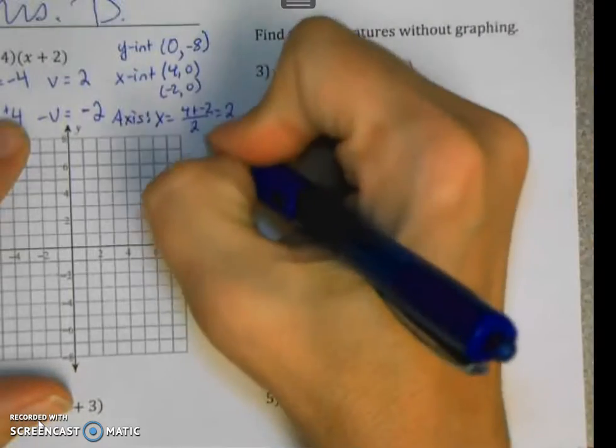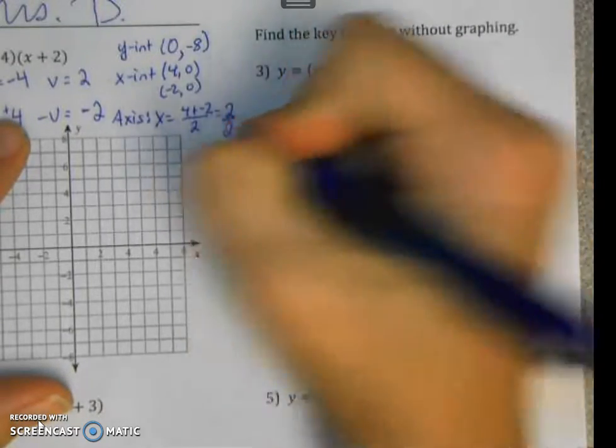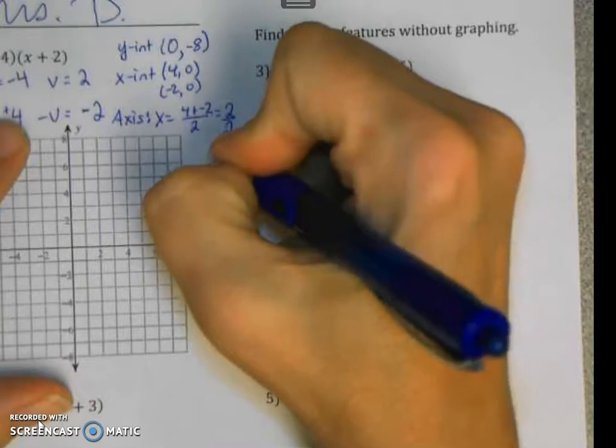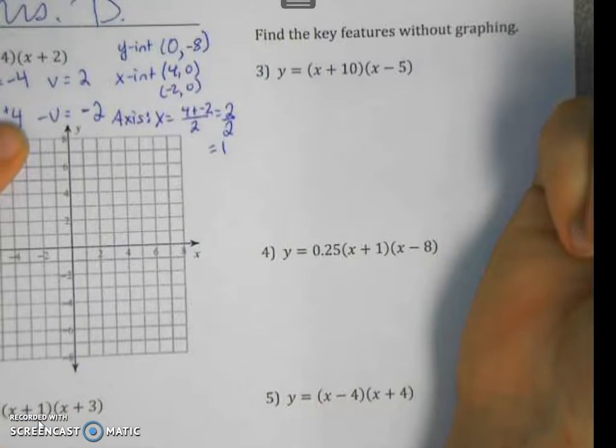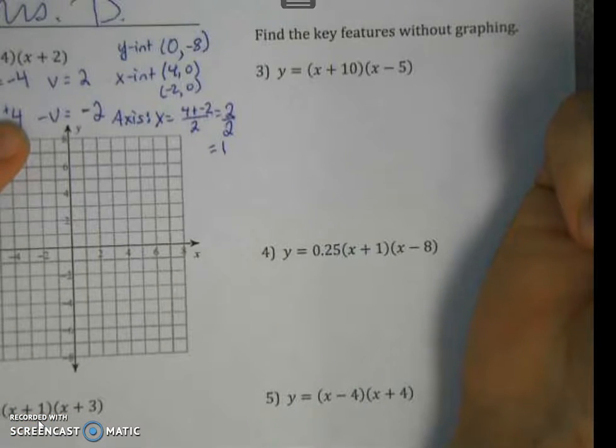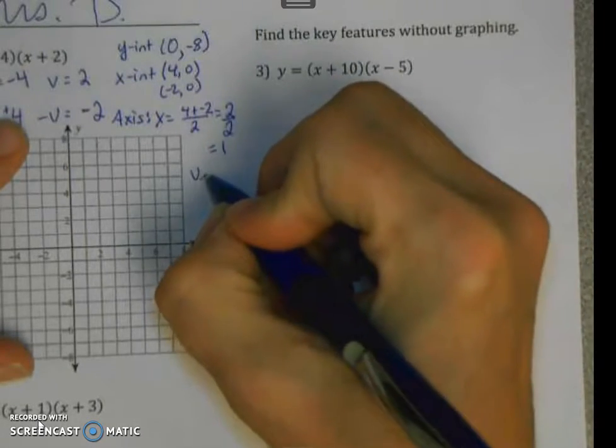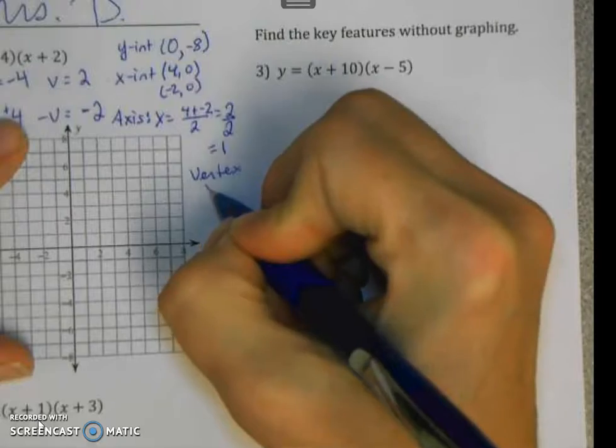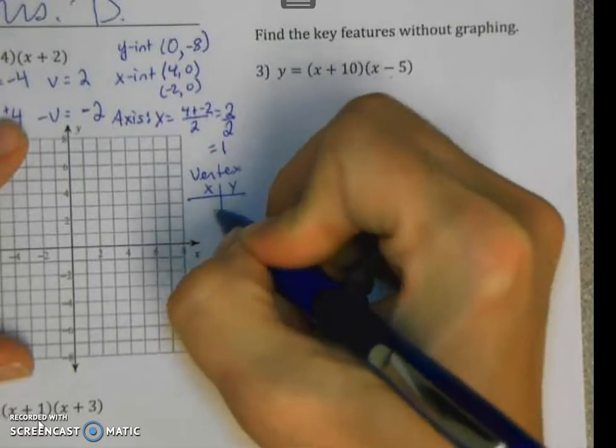And 2 divided by 2 is 1. Okay, so then that's interesting that it's the same as the other one. That's just a coincidence.